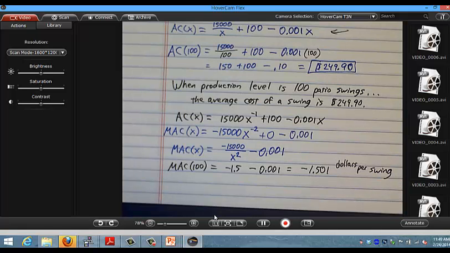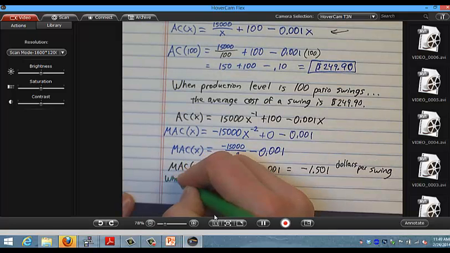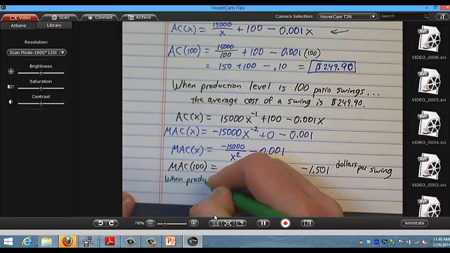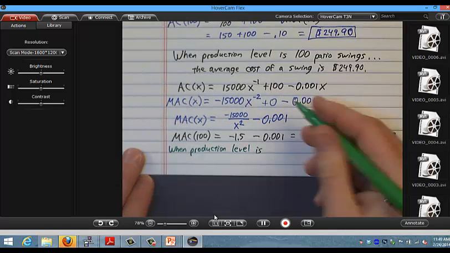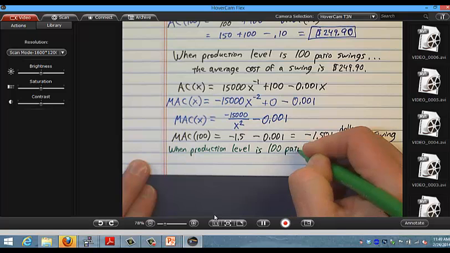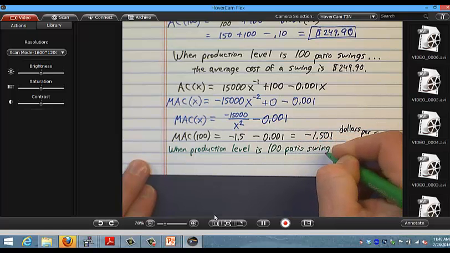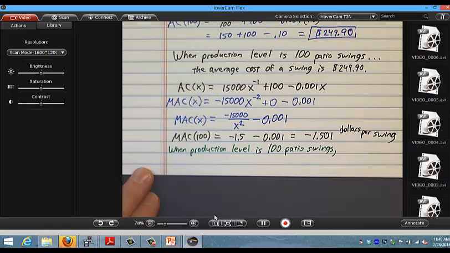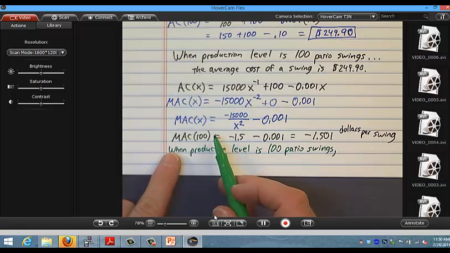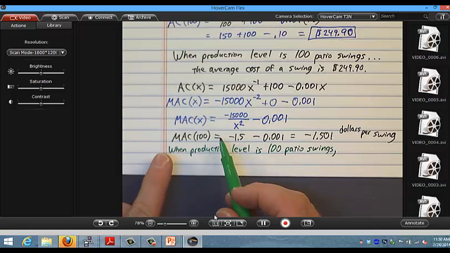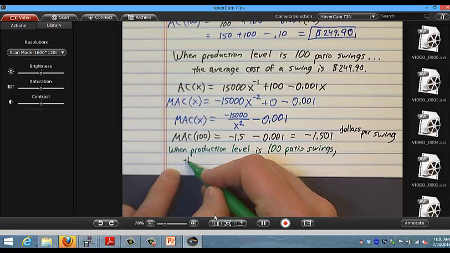Okay. So now my last job here is to interpret what I just computed. The marginal average cost of 100. We're going to say when the production level is 100 patio swings, how do I interpret this? What's, first of all, something increasing or decreasing? What's decreasing? The marginal average cost.